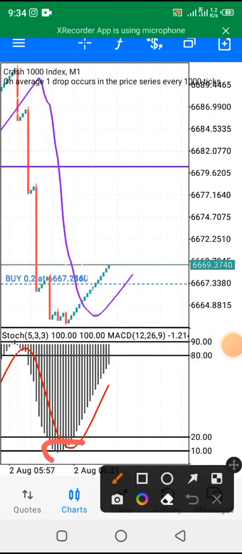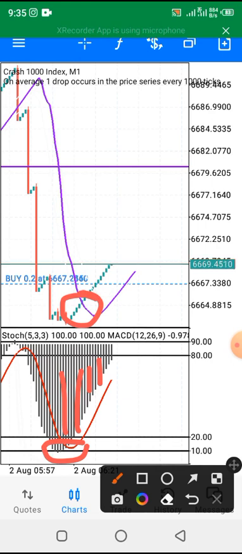And after touching that 10, you can see it changed. Price started trading above this red line, and you can see there was a crossover over here. Those are the conditions that have been met for a buy setup, right?